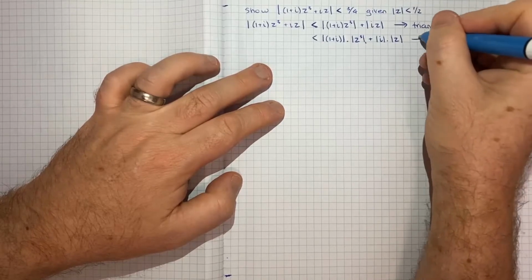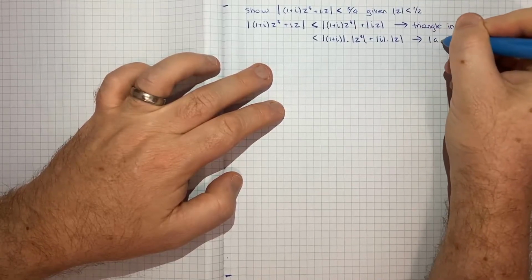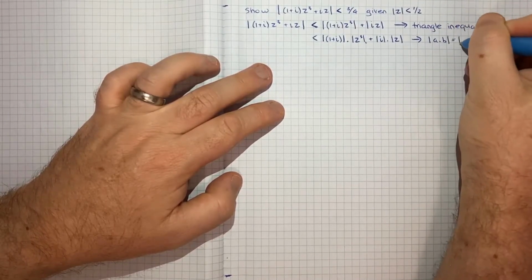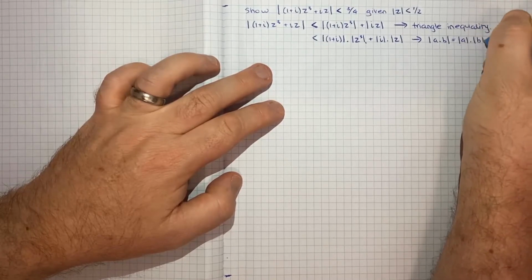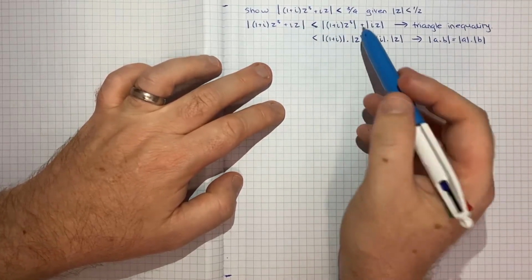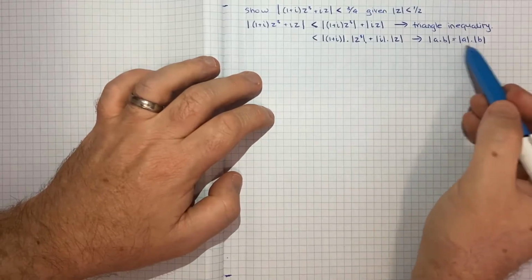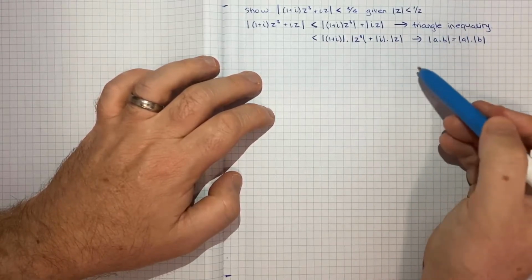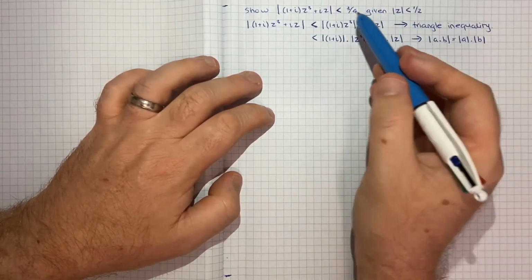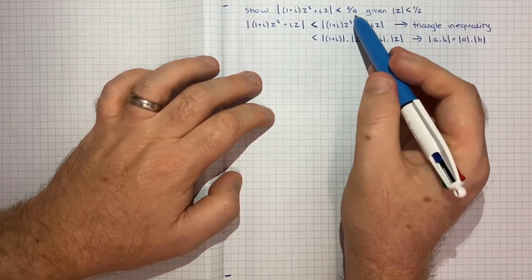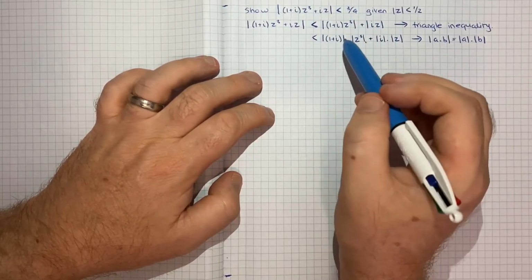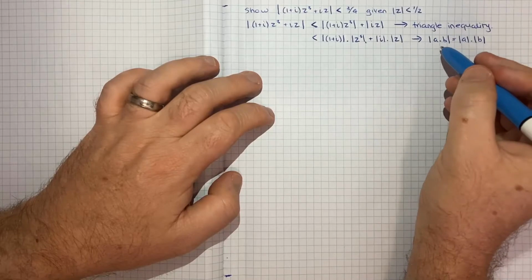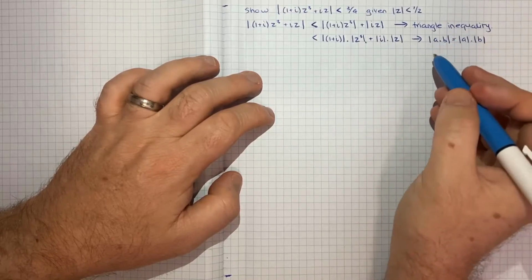So that's just using the result that the modulus of A times B is equal to the modulus of A times the modulus of B. So you'll see this question is getting us to use a lot of different results all together to then ultimately get to our destination. So it's a nice question in that it's forcing you to dig into your whole repertoire of different results.